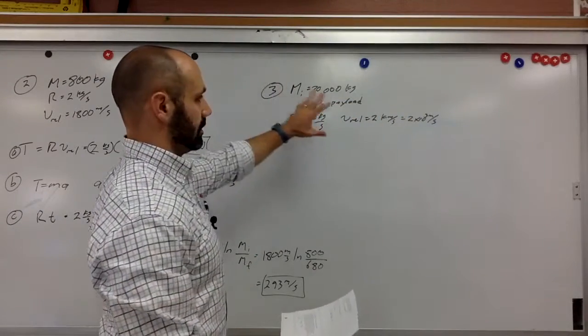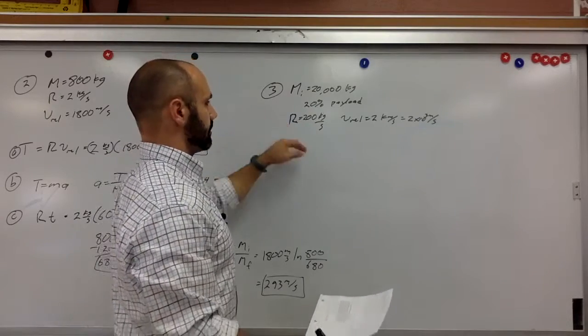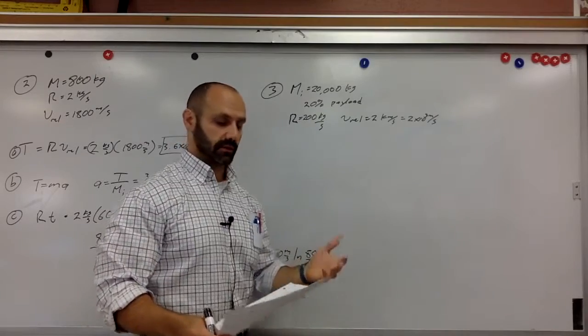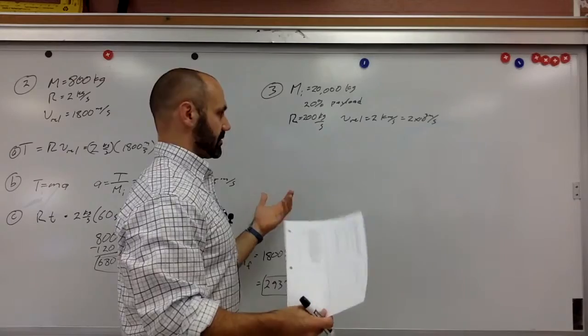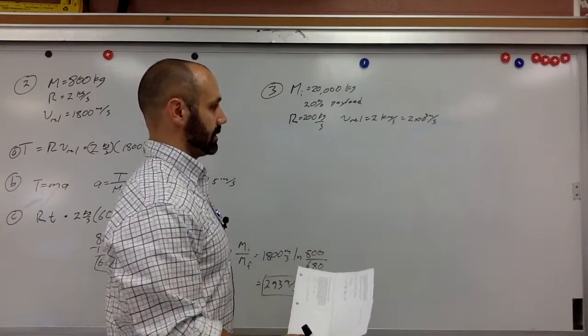So for 3, here are our quantities. And just think about these for a minute. 200 kilograms per second, that's a lot of mass to be losing every second. Like I have a mass of probably about 80 kilograms, so 2.5 of me every second.